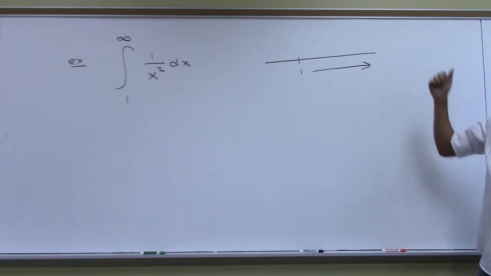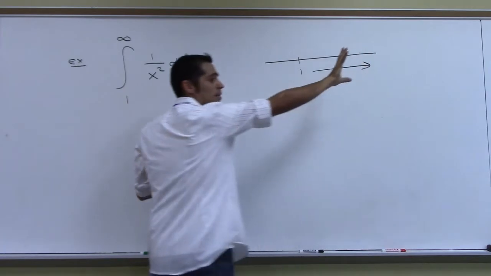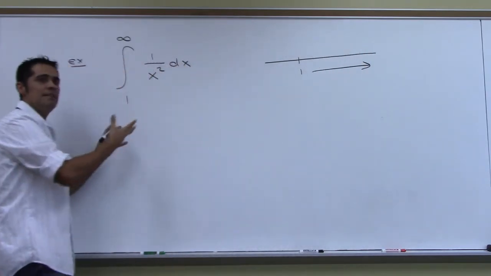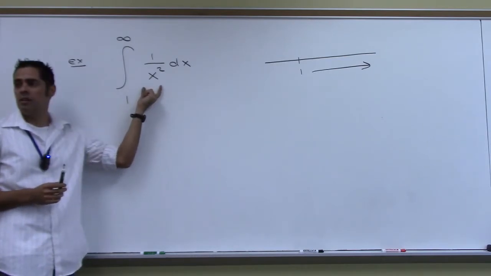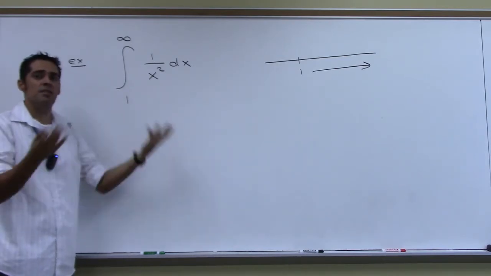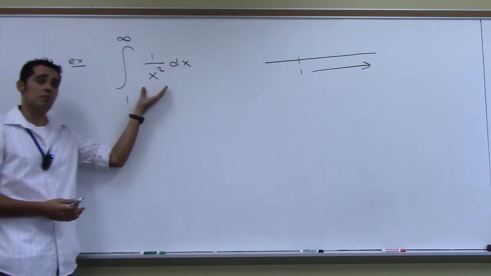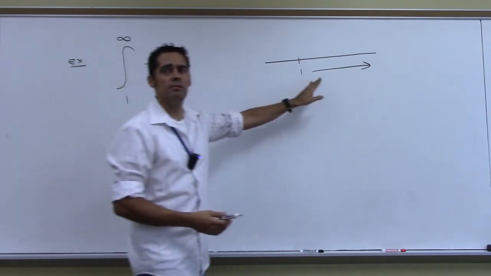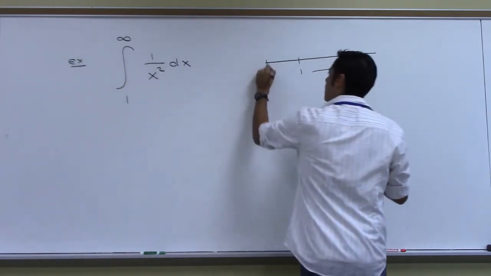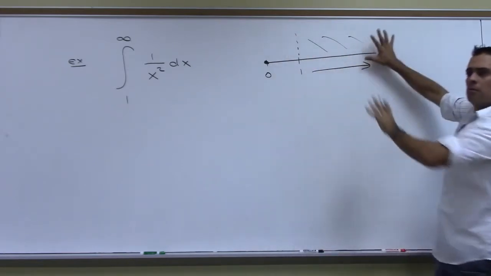Then I like to get an idea of whether or not this function has any discontinuities, places where the function is undefined. Does this have a place where it's undefined? At 0, right? We have a discontinuity at 0. Is 0 in here? 0 is over here. I'm not looking over here. I'm looking over here somewhere.